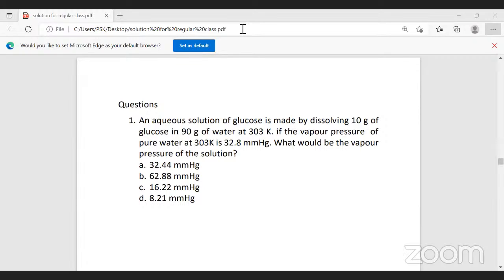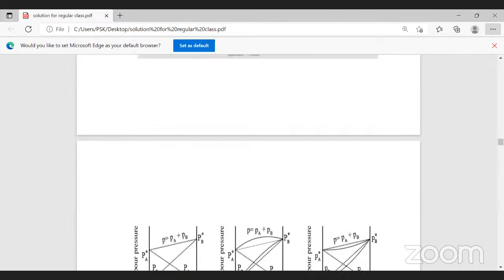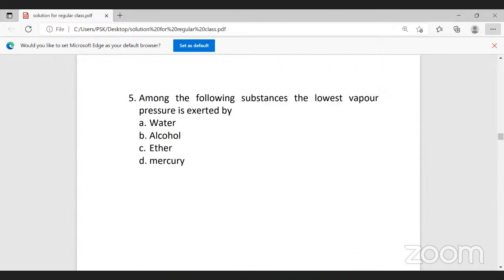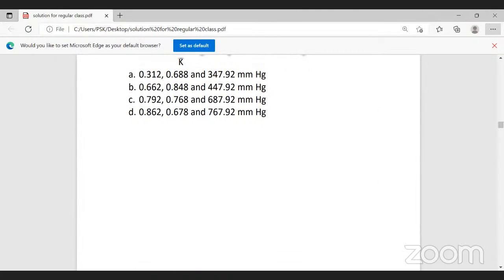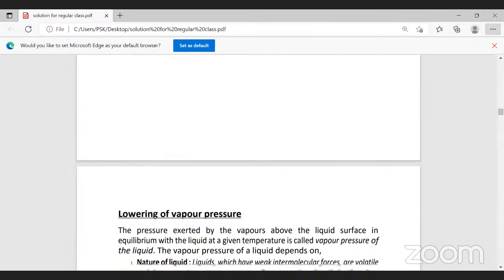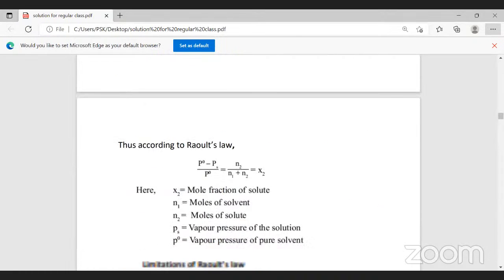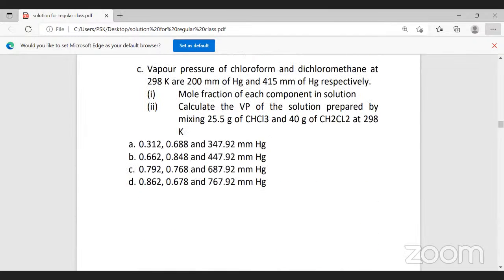So yesterday we learned a few concepts. We learned lowering of vapor pressure. We learned Raoult's law and the limitations of Raoult's law. We solved a few problems.